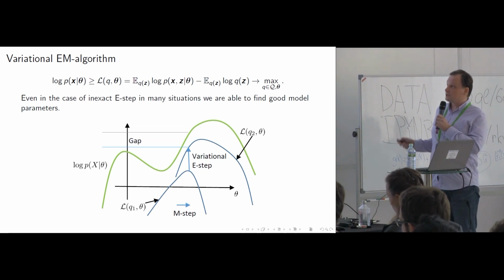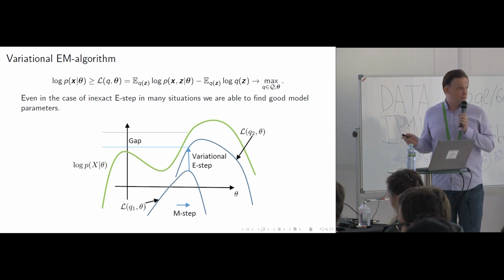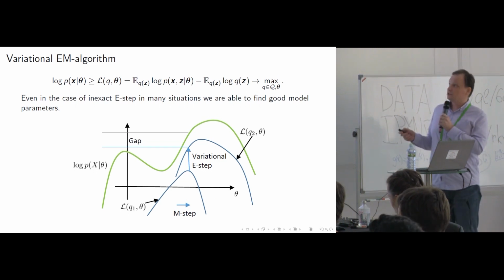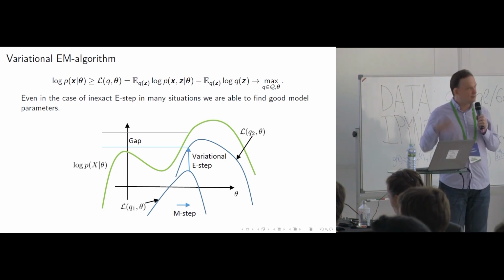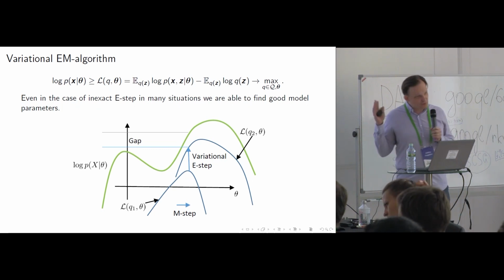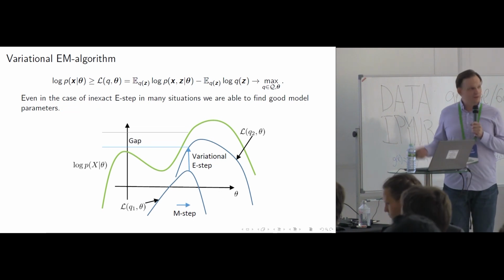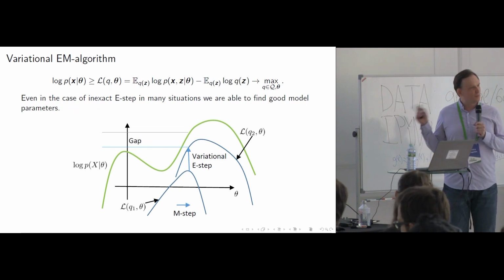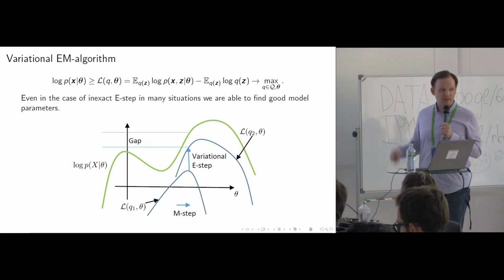However, for this new lower bound, we are able to maximize it with respect to theta. With this new theta, we construct a new lower bound which is not tight and continue till convergence. And as you might guess from this picture, this algorithm again will converge to a local maximum of the incomplete likelihood.